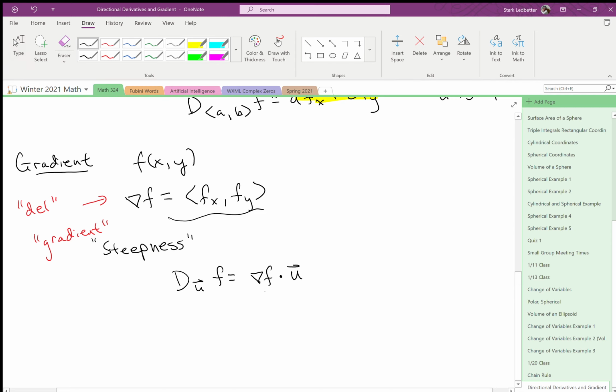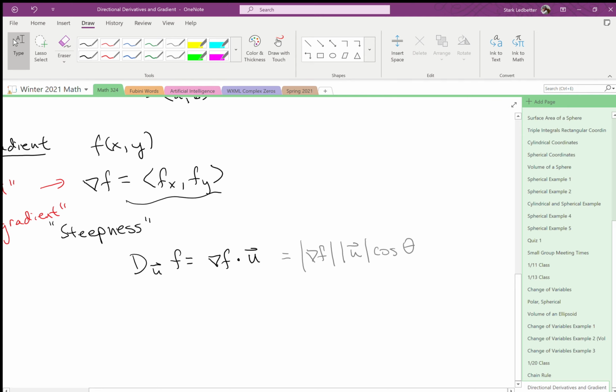But what this formula allows us to do is think about how big this directional derivative is. So we can think of that dot product as, remember from 126, the magnitude of the first vector times the magnitude of the second vector times the cosine of the angle between them, right? This was the scalar product, so this turns out to be a scalar.